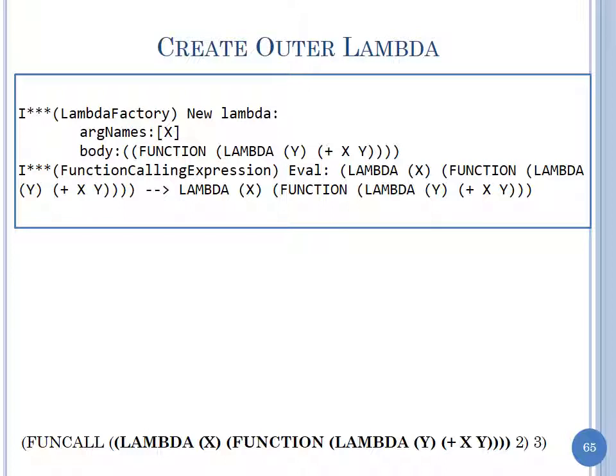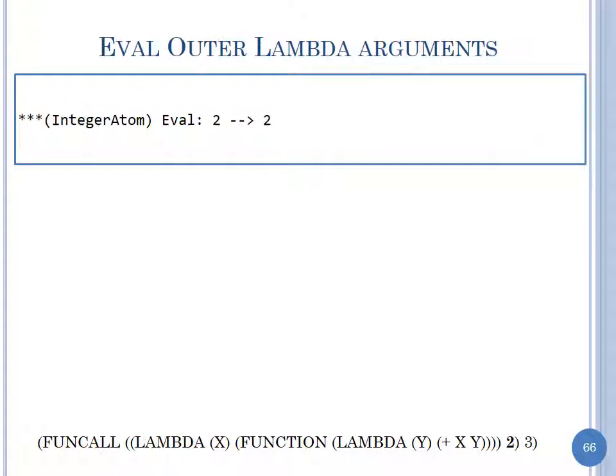Whenever we create a lambda, we have to give its argument names and the body. The body happens to have a function in it, but we don't see it at this point. We're creating the outer lambda, and we just have the body of the inner lambda, and we haven't looked into it. That happens to be not a function call. We can mix both things. That just has no free variables, so we don't have to create a function. And we got the outer lambda.